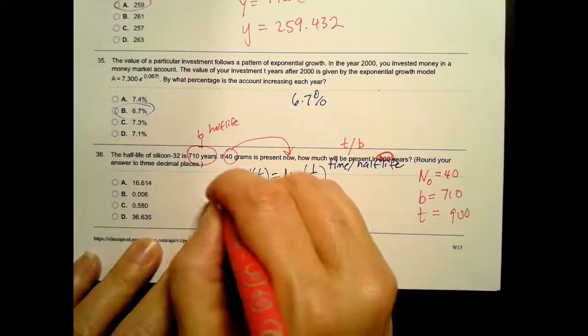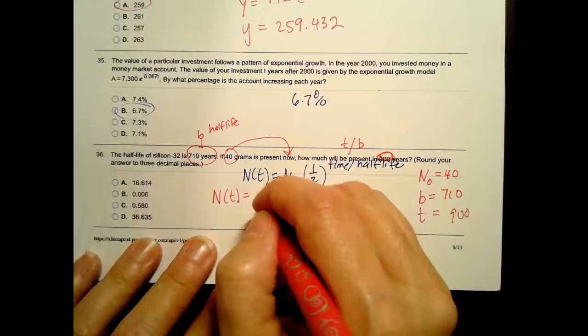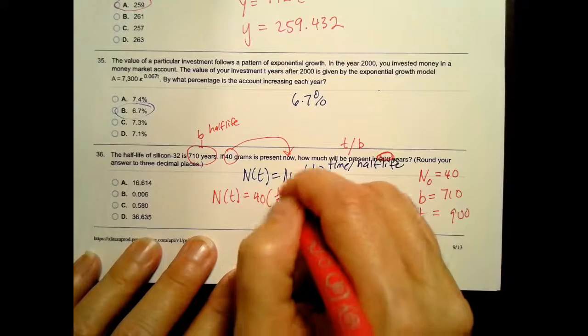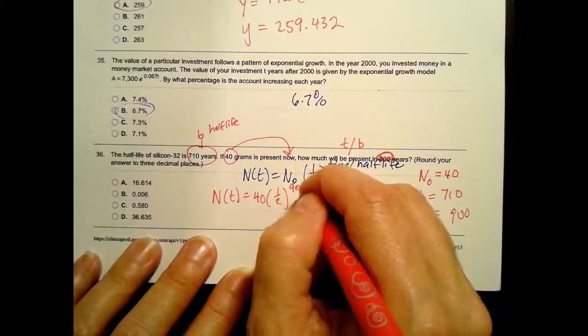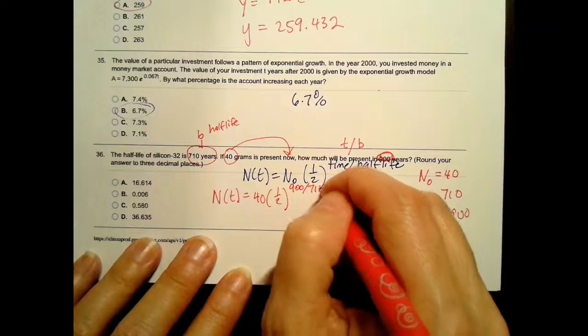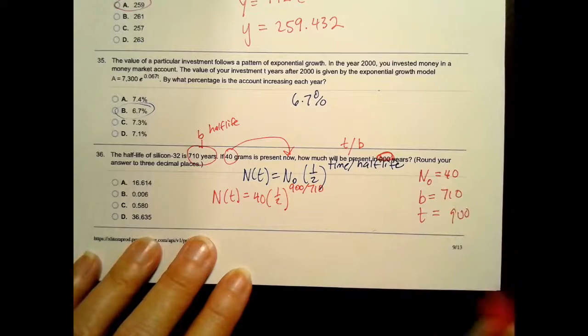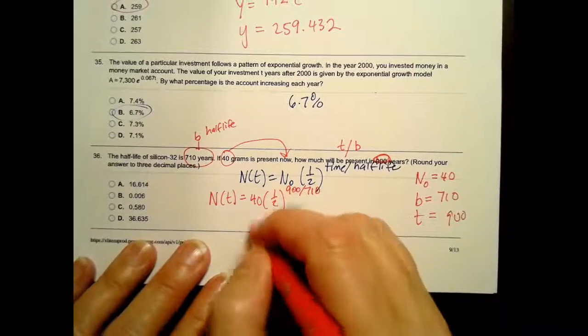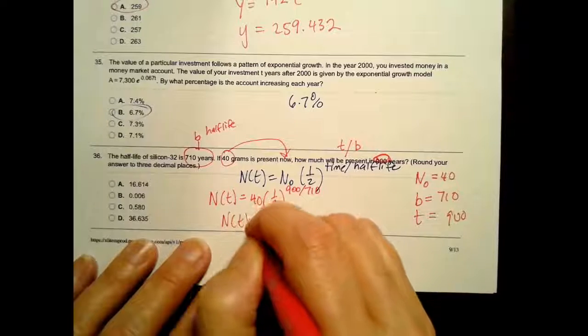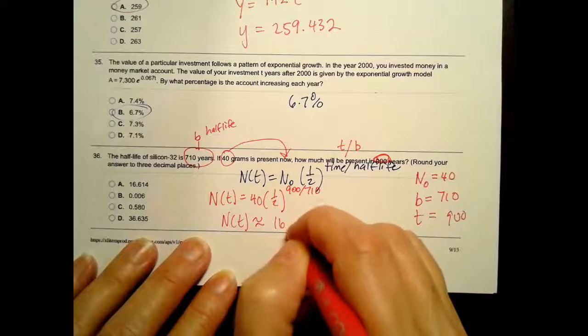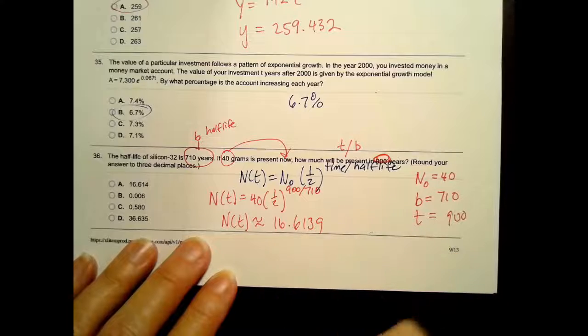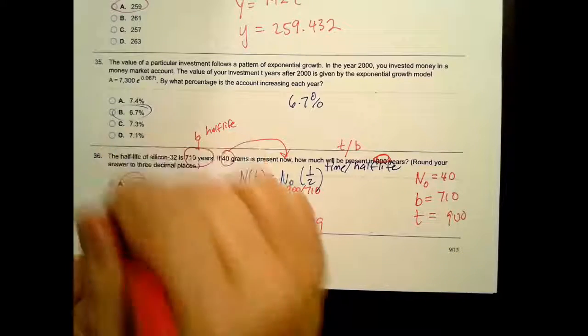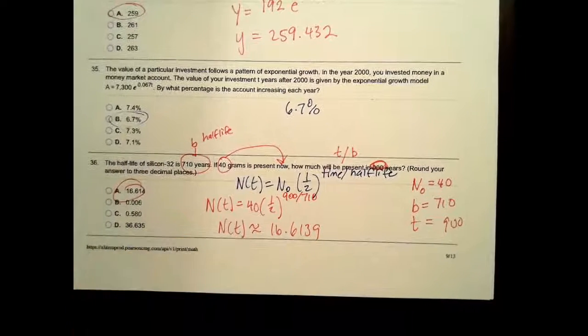So I get n at t is equal to 40 times 1/2 raised to the 900 divided by 710, because that's my half-life. And then if I plug all that in the calculator, I get n at t is approximately 16.6139. And so the answer was A. Now you'll probably need that formula, but that's what I found.